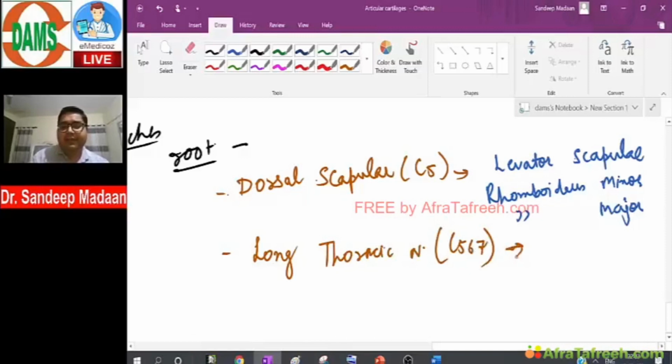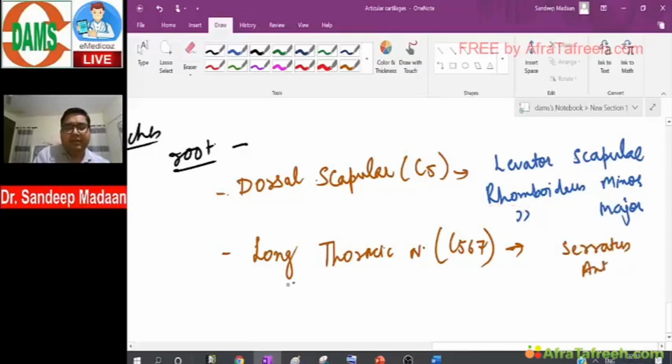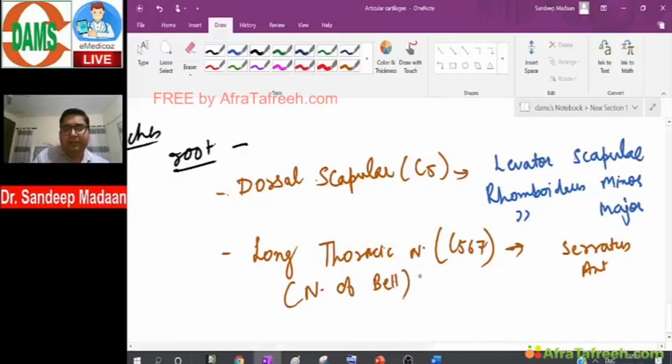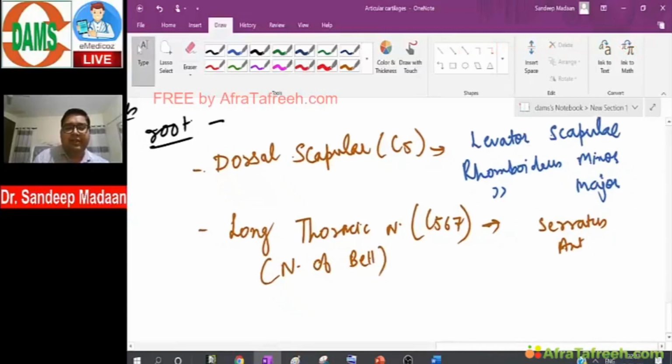That is for the serratus anterior muscle. It is also called the nerve of Bell. So the dorsal scapular nerve, long thoracic nerve.